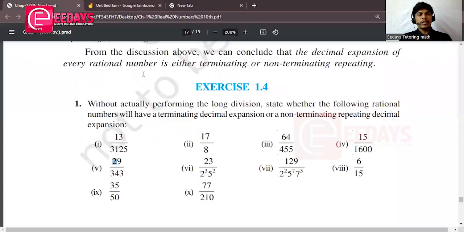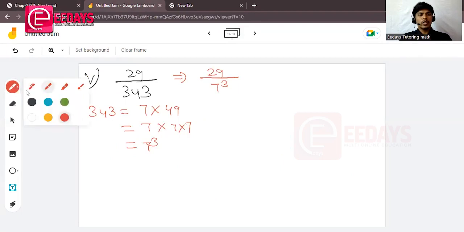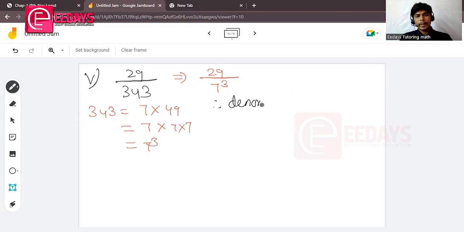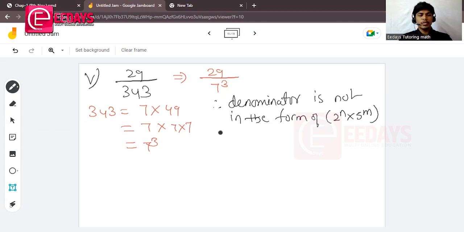Then the question is whether the denominator is in the form of 2 power n into 5 power m. It is not. 7 is the only factor here; we couldn't get any 5 or 2 factor. So mention over there that the denominator is not in the form of 2 power n into 5 power m.